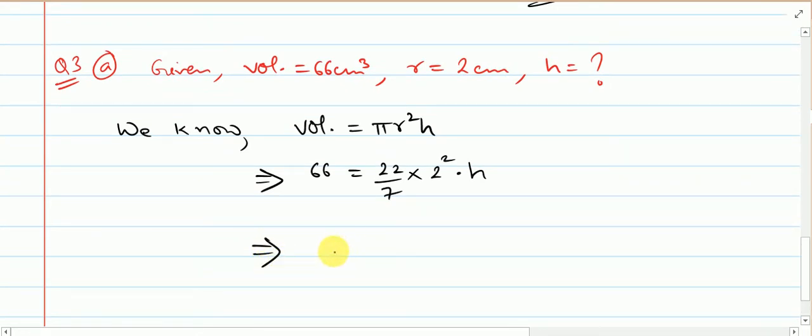Then you get 66 into 7 upon 22 into this 2 square will be 4, so simply you can write it over here.